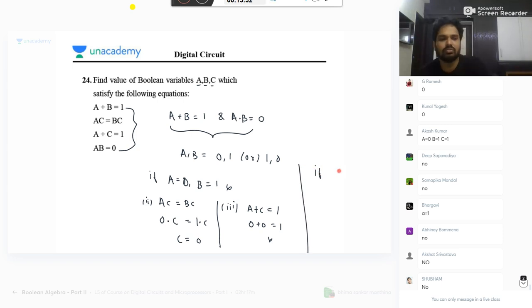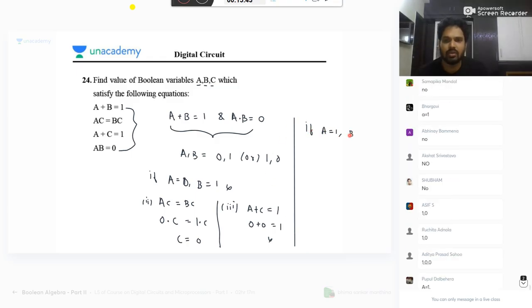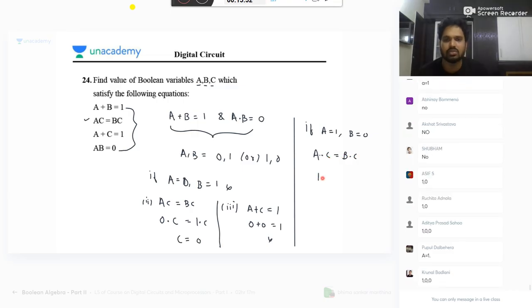If A equal to 1, B equal to 0, then take the second equation, AC equal to BC. Substitute here: 1 into C equal to 0 into C will tell me C equal to 0. Next, what is the third point for us?